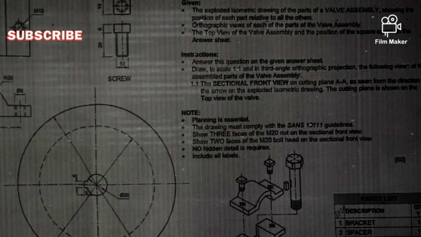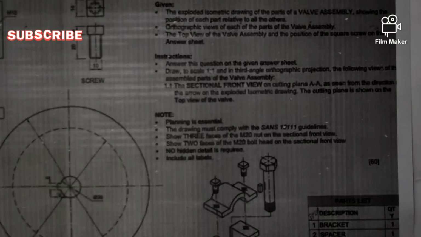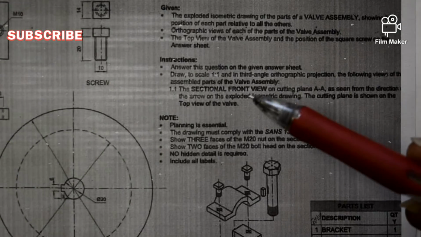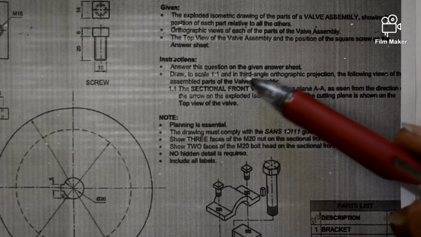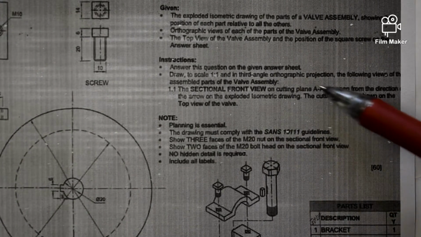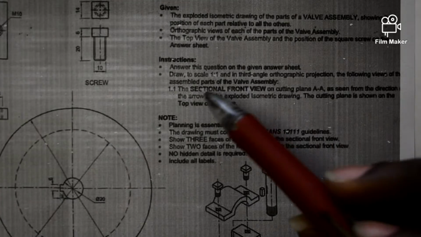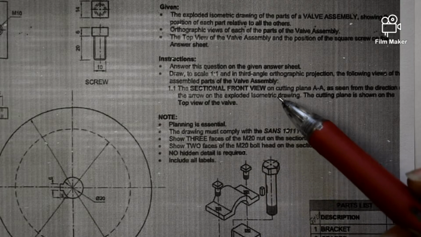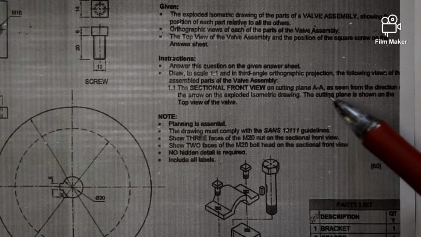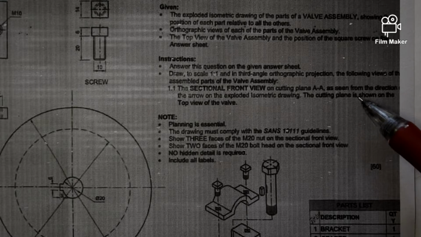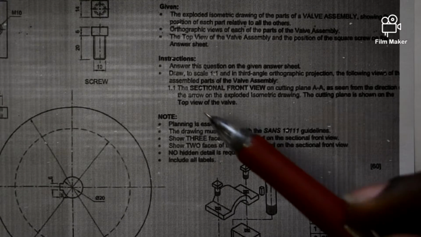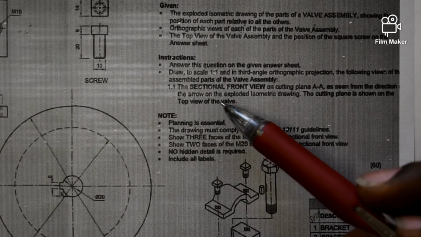Very much important, we have to draw according to a scale 1:1. So it's the one that is going to guide us, the one we're actually looking for. How are we supposed to draw this? According to scale 1:1, in third angle orthographic projection, the following views. 1.1, a sectional front view on the cutting plane AA as seen from the direction of the arrow.